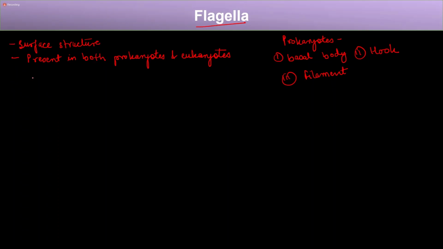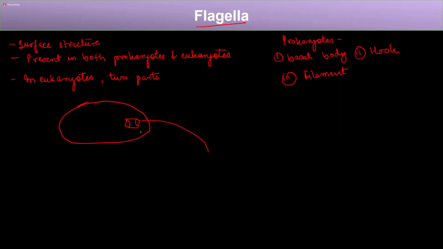But if we talk about eukaryotes, in eukaryotes flagella has only two parts. Suppose this is a cell. It has only the basal body and a long filament.